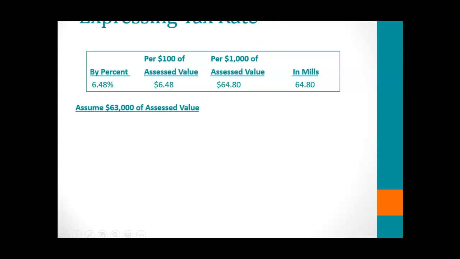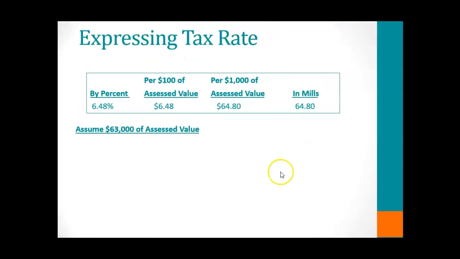Okay, another example. In this case, by percent, the rate is going to be 6.48%, which means that we're going to be taxed $6.48 per 100 assessed value, or $64.80 per 1,000 of assessed value, or $64.80 in terms of mills.